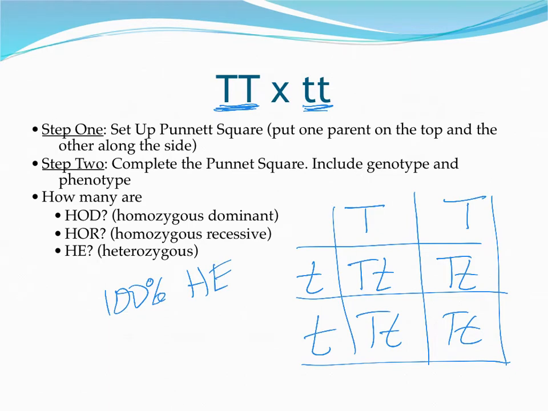There's no homozygous dominant because the one parent was homozygous dominant, but none of the offspring are. There's no homozygous recessive because the other parent was homozygous recessive, but none of the offspring are. So when we're looking for the genotype and phenotype of the offspring, we're getting 100% heterozygous, and these would all take on the dominant trait, which would be uppercase T. In this case, if we're dealing with Mendel stuff, it would be for a tall plant.